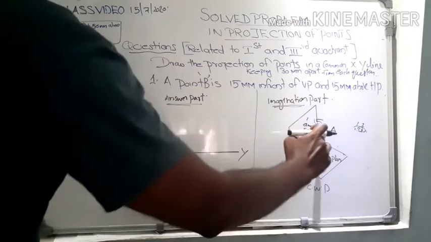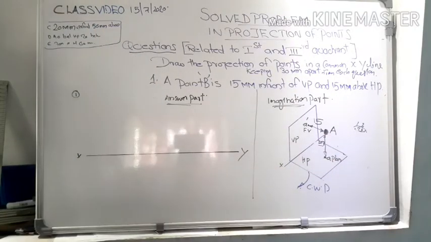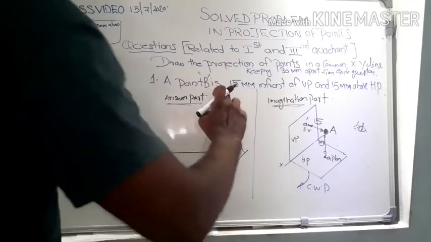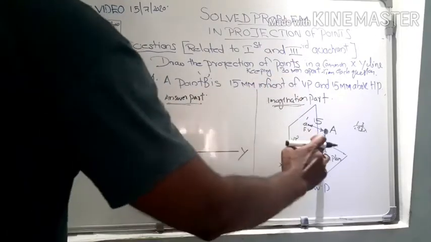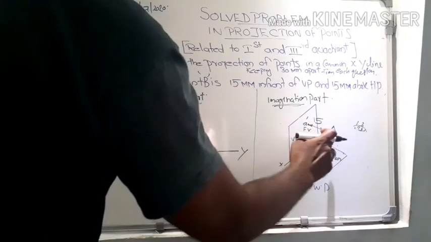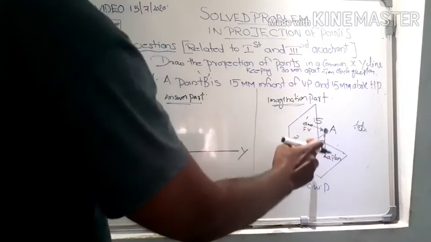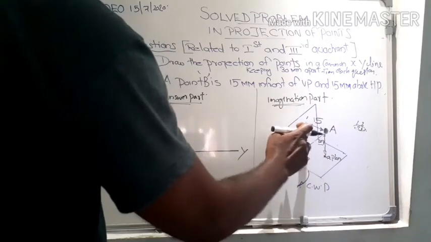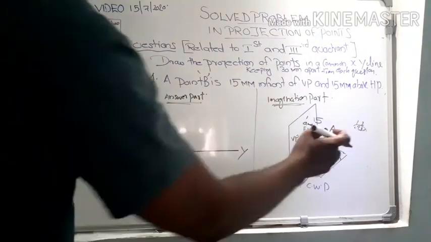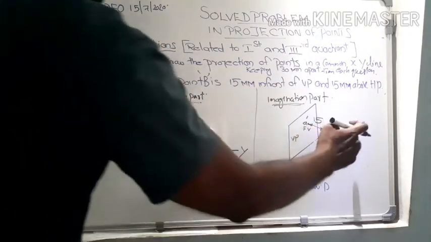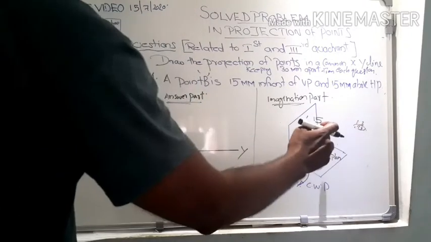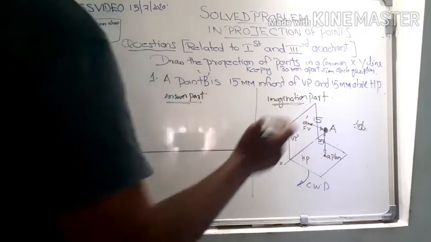So we can draw the figure of first quadrant isometrically or pictorially and place that statement in the pictorial view. That means our point A is situated in first quadrant, keeping equal distance from the vertical plane and horizontal plane. While we are answering, first we have to understand and draw the projection of point A on its corresponding plane.